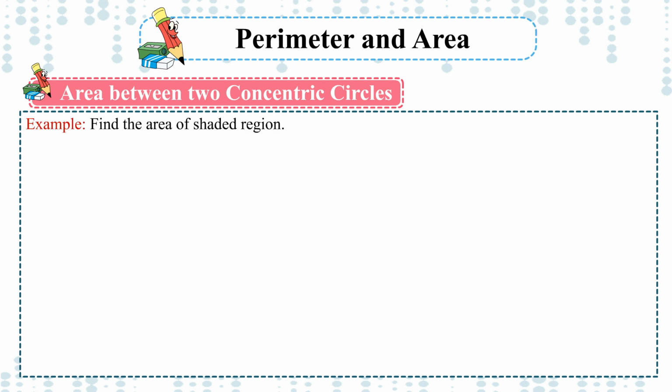Example, find the area of shaded region. Solution. Here R1 is equal to 21 centimeters and R2 is equal to 14 centimeters.